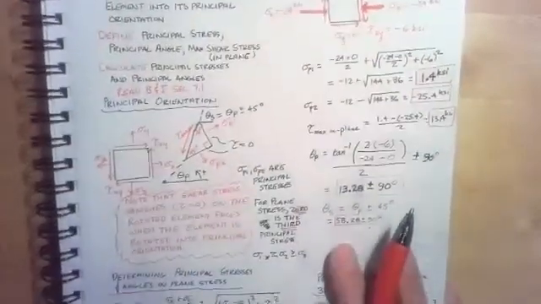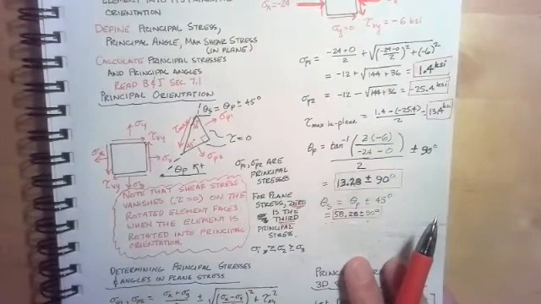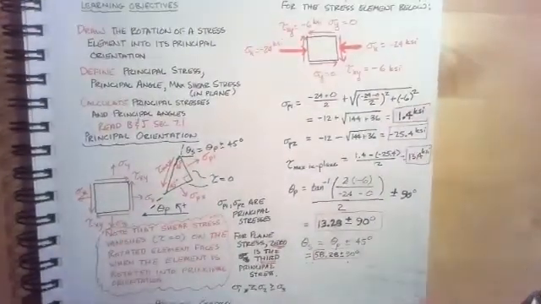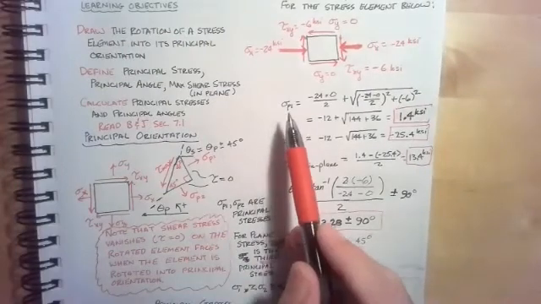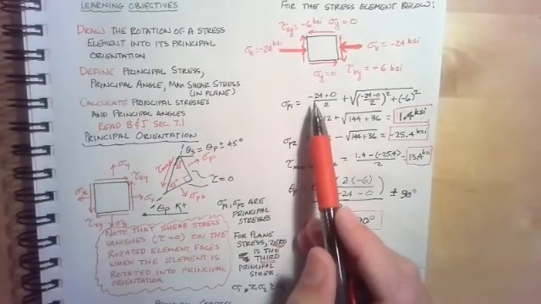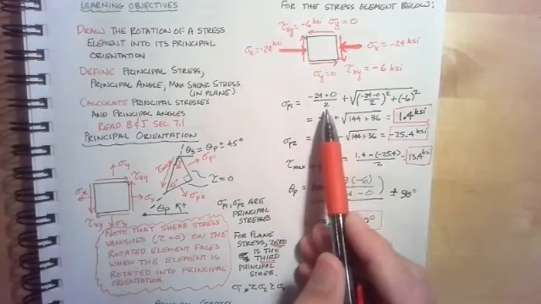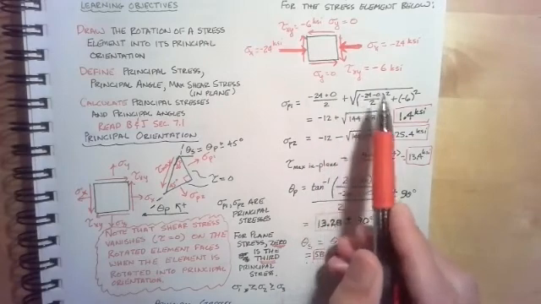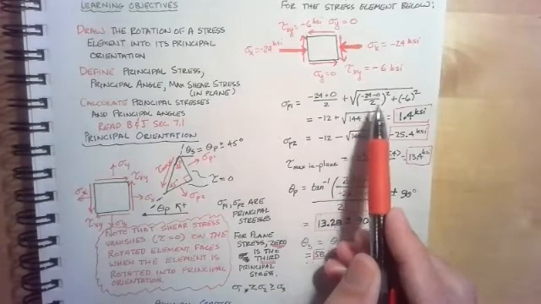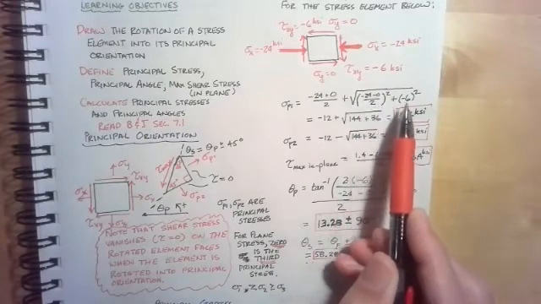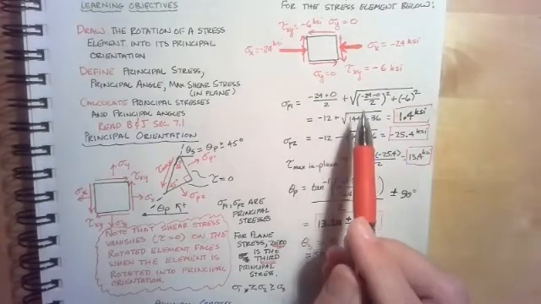So if I wanted to apply the formulas, I can do that fairly easily. It's pretty straightforward to do that. Sigma P1 is going to be equal to negative 24 plus 0 divided by 2 plus the square root of negative 24 minus 0 over 2 quantity squared plus negative 6 squared.